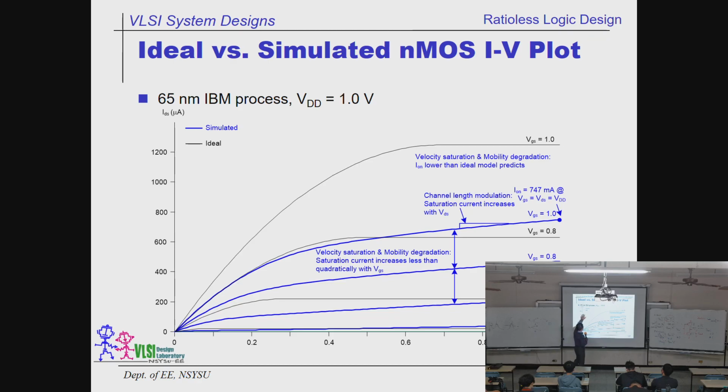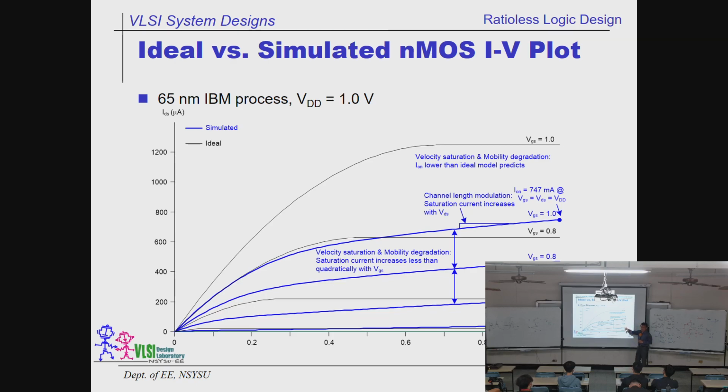But if you use the IBM 65 nanometer process, which is still one of the major processes right now, you can see how big the difference is. Based on the Shockley equation, we get the black curve over here. But if you run a simulation and the measurement, this is the blue curve. And you can see how big the gap is.